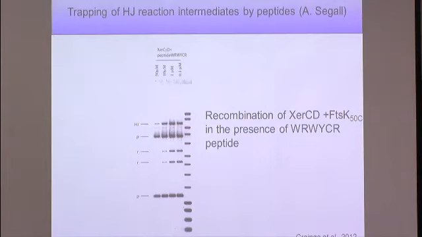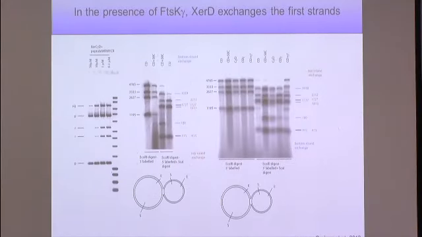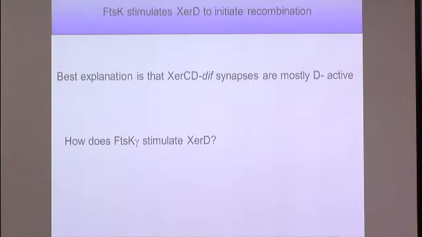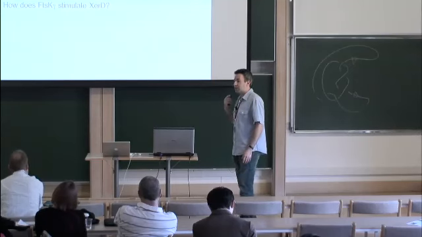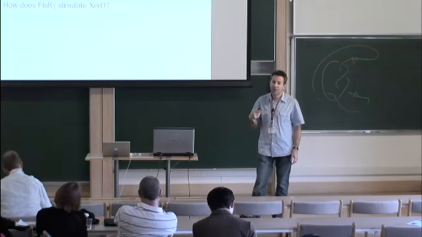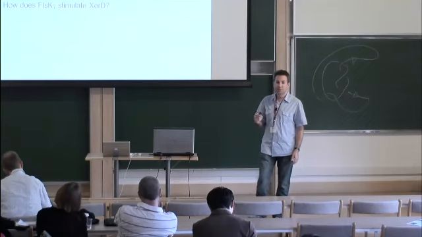So you can do reactions with these hyperactive mutants and trap the holiday junction, get incredibly complicated gels, which I won't bore you with, but the outcome is that in the presence of gamma, XCRD makes those holiday junctions at diff. We don't exactly know how gamma is stimulating XCRD to make those holiday junctions, but it seems to.